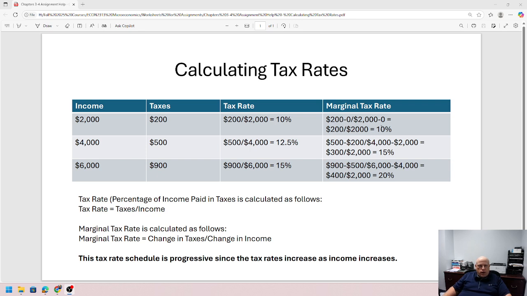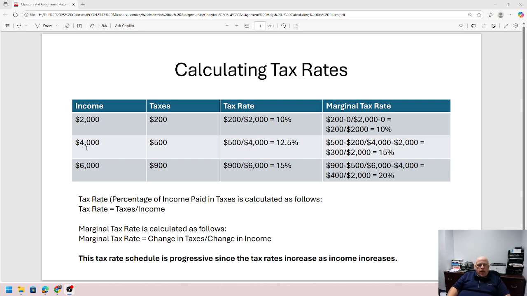Now, for the second row of the table, the income is $4,000, and the taxes are $500. To get the tax rate, you're just taking, again, the taxes divided by the income. So it'd be $500 divided by $4,000, which would be 12.5%.